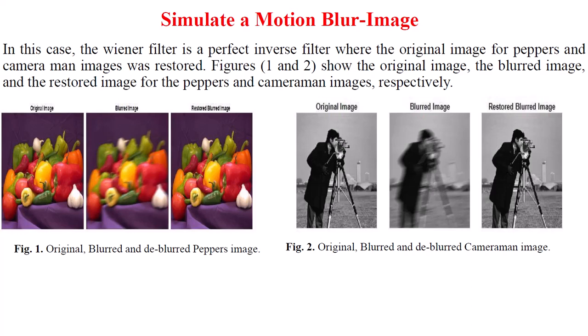So in figure 1, we have the paper image, this is the original image. After we add blur to the original image, we get this blurred image. After that, we use the Wiener filter to restore the original image, so this is the restored image.